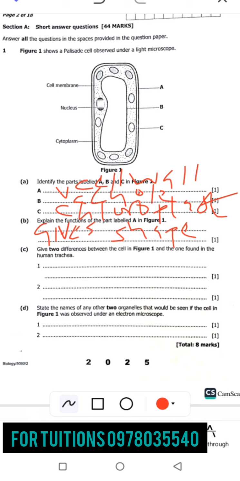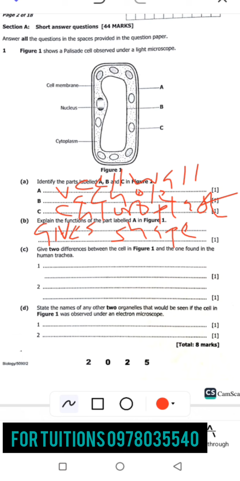All right, then give two differences between the cell in figure 1 and the one found in the human trachea. So the human trachea has got what we call an animal cell, and we've got a plant cell here. So they're just trying to ask you indirectly, how is an animal cell different from a plant cell?